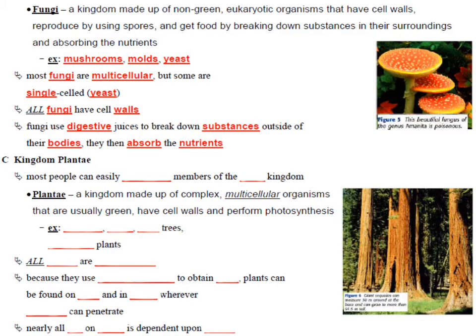Athlete's foot is a fungal infection, and so basically you have a fungus living on the skin of your feet, and that fungus is secreting digestive juices, digesting some of the skin cells on your feet, and absorbing those nutrients into its body, and to you that feels itchy or something like that. So that's something to help you remember the way that fungi feed, the way they consume their food.